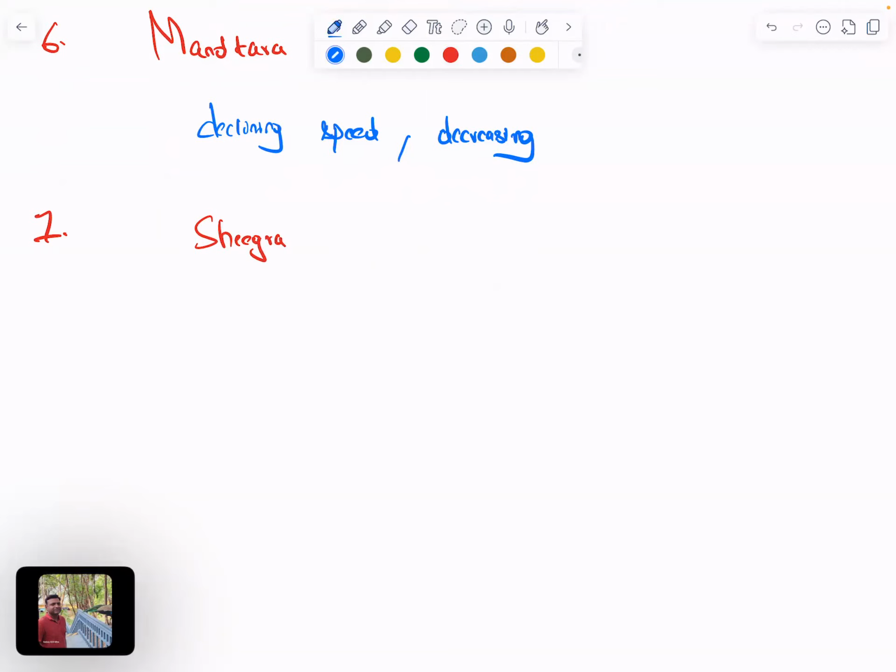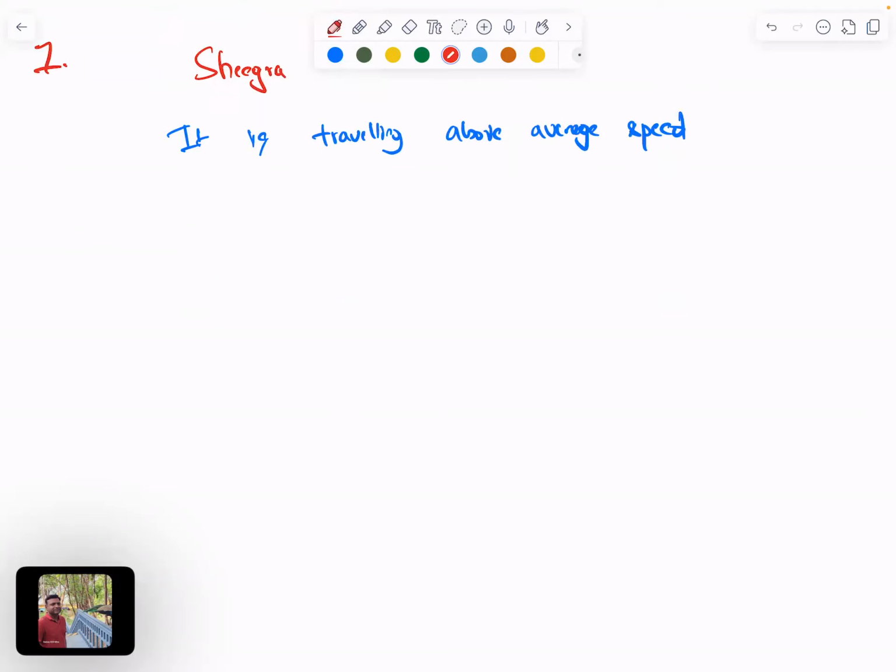Here, Shigra means it is traveling above average speed. And finally, we have Atishigra. This is self-explanatory, right?